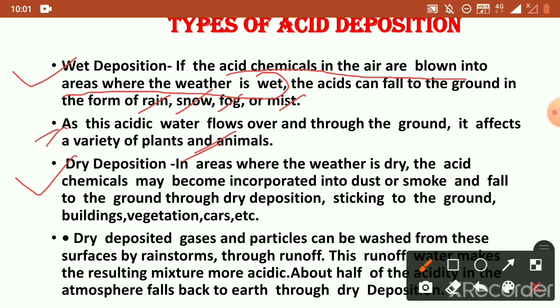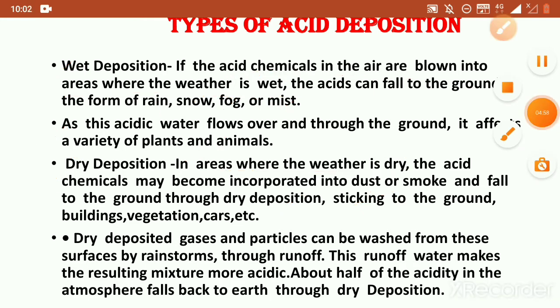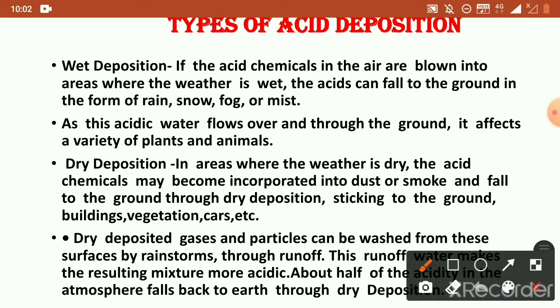Next, that is dry deposition. Dry deposition occurs in areas where the weather is dry, and these acidic chemicals may become incorporated with dust or smoke and fall to the ground through dry deposition by sticking to the ground, buildings, vegetations, cars, etc. The dry deposited gas particles can be washed from these surfaces by rainstorms through runoff.